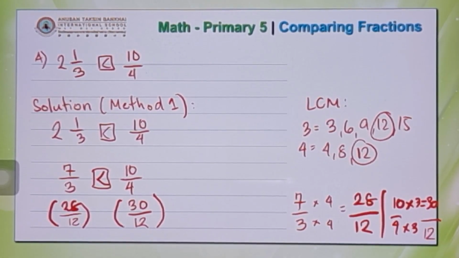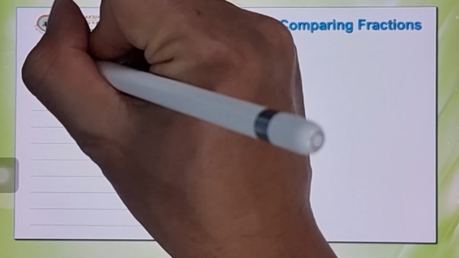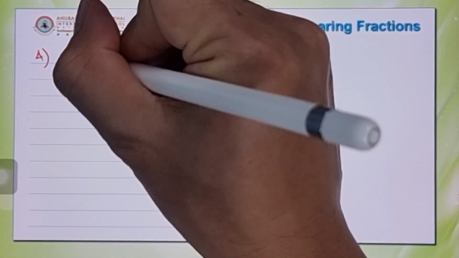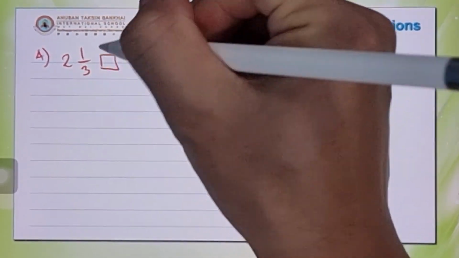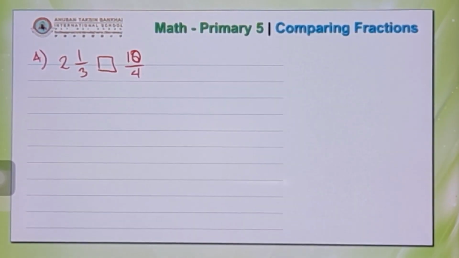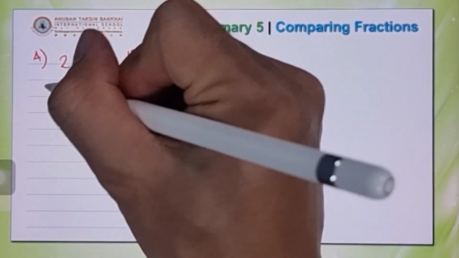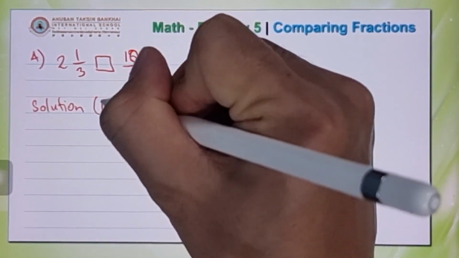Okay, now let's have method 2. So again, the same letter A, 2 and 1 over 3, blank 10 over 4. So our solution for method 2.